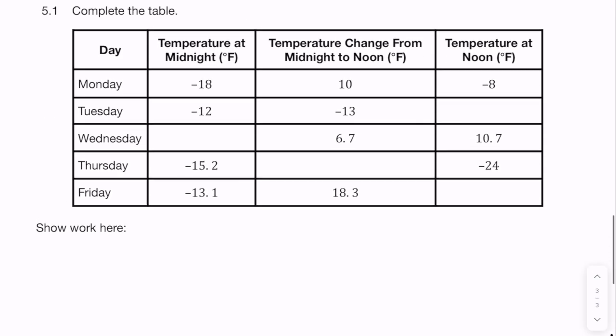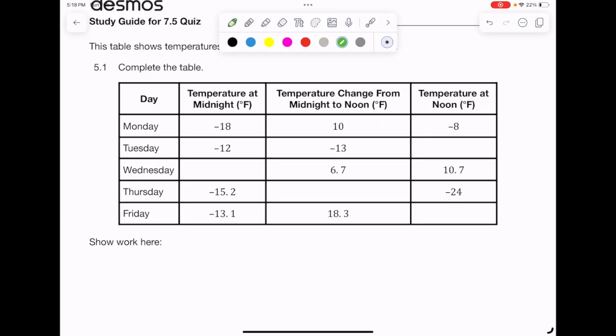All right. Question 5. This table shows temperatures in an Arctic city during one winter break. Complete the table. So first things first, let's make sure we understand how this table is set up. We have the 5 days of the week, and in the first column, we have temperature at midnight. This is my starting temperature.